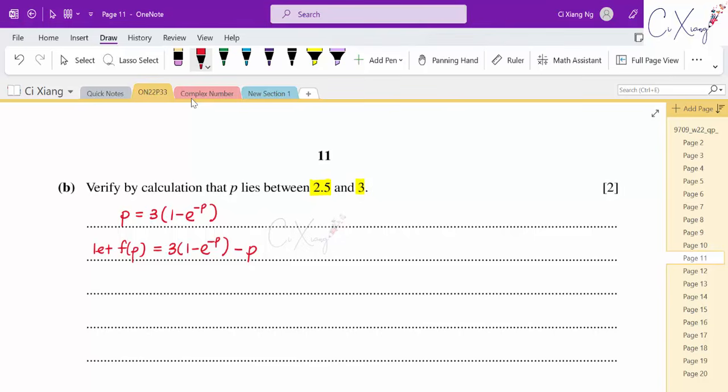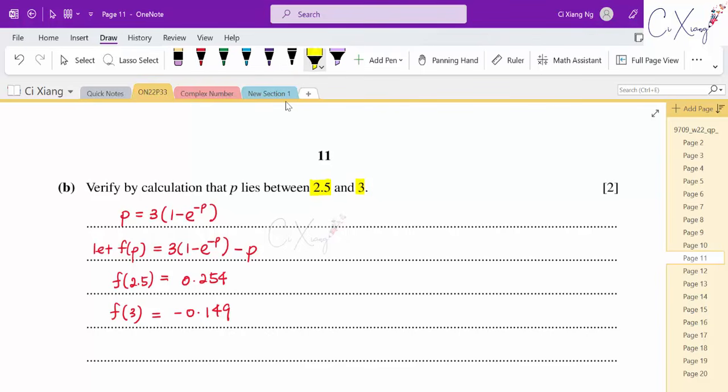Then I substitute 2.5 into the function and also 3 into the function. If you substitute 2.5, the value you get should be 0.254, correct to 3 significant figures. And if you substitute 3 into this expression, you will have negative 0.149.